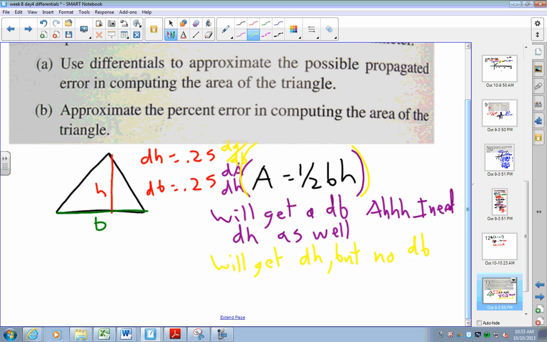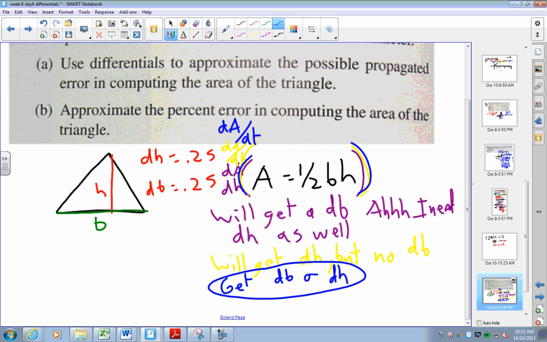What about if I do dA, dt? Who do I get? I'll get dB and dH. So that's the way I got to go.